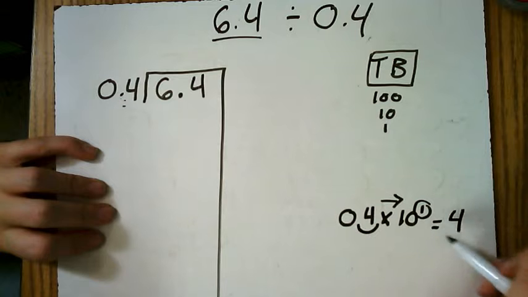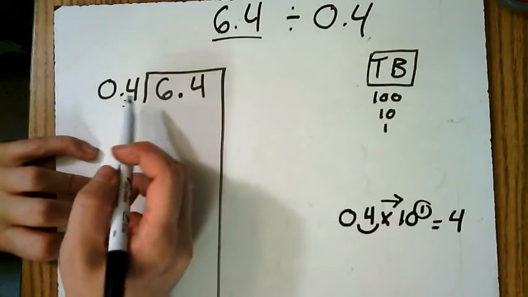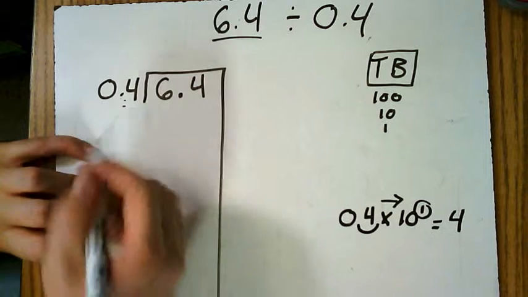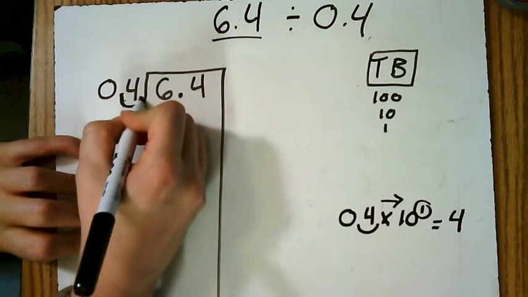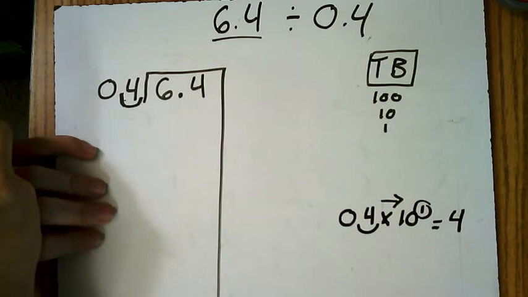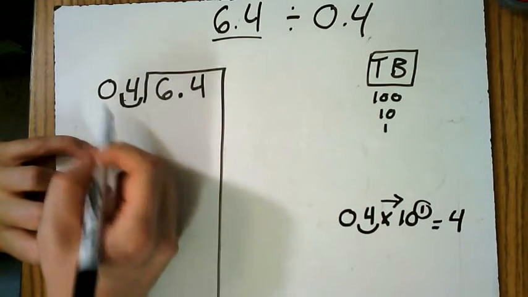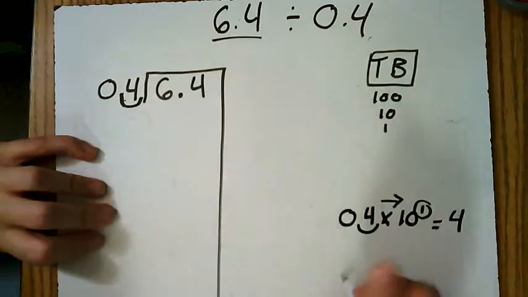I have created a number where the decimal has been removed. That's what we do up here. We multiply our number by a power of 10 in order to get the decimal out of the divisor. Whatever I do on the outside, I have to do on the inside.